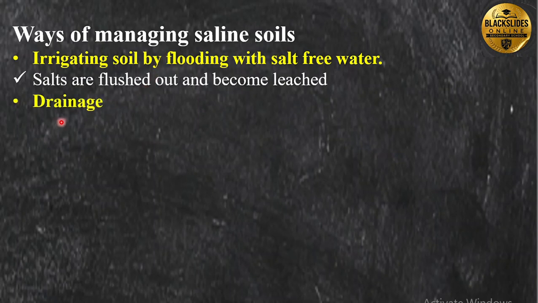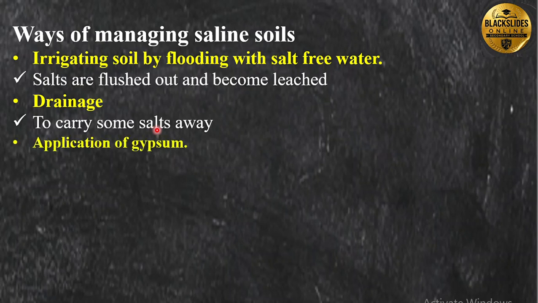Another one is drainage, right? When you drain water from the soil to carry away the salts in the soil, making the soil less saline or less salty. Another one is by applying gypsum, which is calcium sulfate, rather than calcium carbonate.